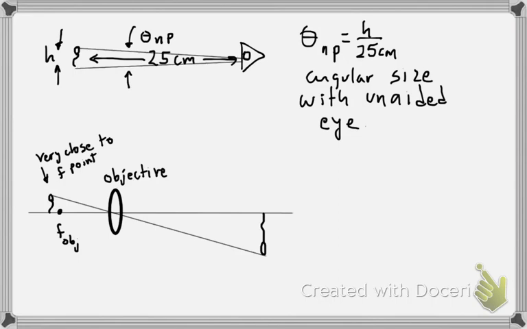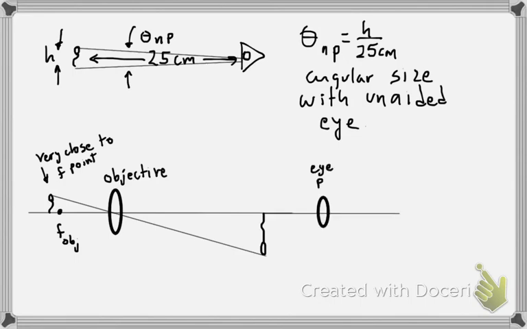That is, the size of the image is bigger than the size of the object, because we know that the ratio between the height of the image and the height of the object is given by the ratio between the distance to the image and the distance to the object. So that's clearly a number bigger than 1. So the first objective is magnifying. It's already magnifying the image of the object.